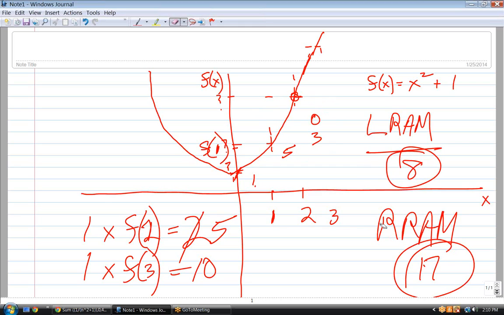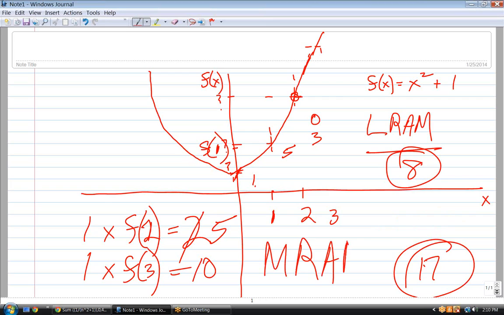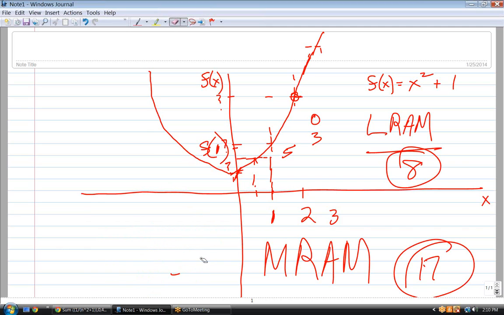A third method would be mid-RAM, which seems like it should always be a little bit better. That's where the midpoint of the curve, when I say midpoint, I mean this midpoint.